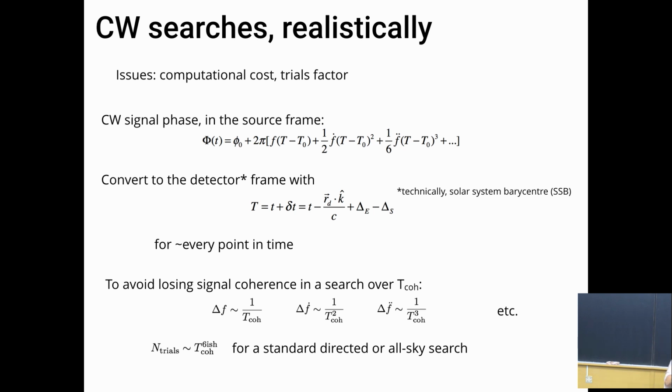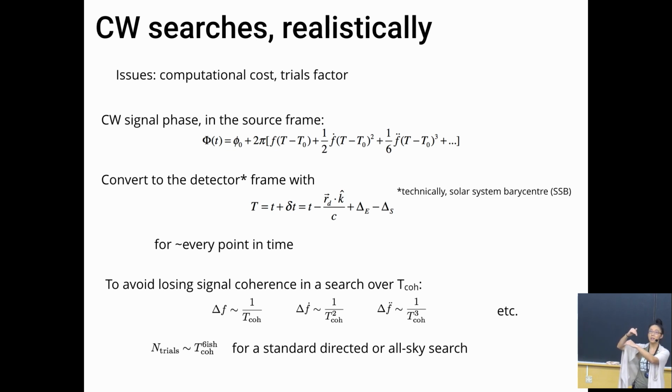So you have to take into account all of these when you're doing your search for approximately every moment in time that's relevant, basically. And then you want to avoid losing signal coherence, right? So if your signal looks like this, and then the waveform that you're searching over is slightly off, but you're searching over a short period of time, you're still going to match it pretty well.